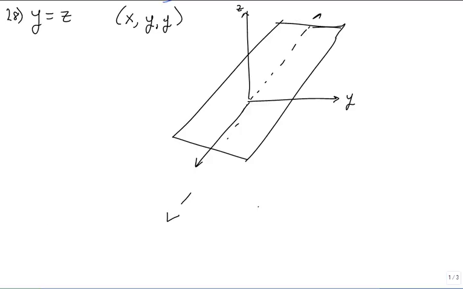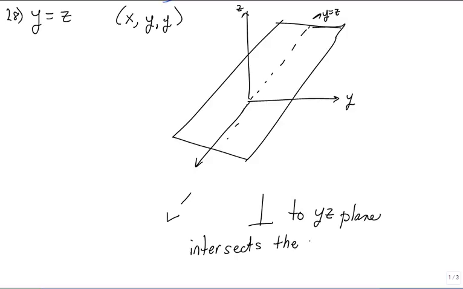So it's perpendicular to the YZ plane, because it's coming straight out of your paper. So it's like a piece of paper on the YZ line. This is where Y equals Z. And then it's perpendicular, but it intersects the YZ plane in the line Y equals Z.